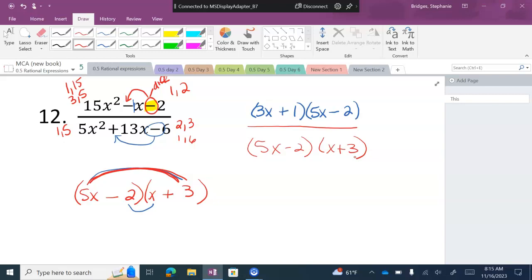Different signs, bigger number. Then we bring that 5 back in. This one cannot reduce. 2 and 5 don't have anything in common. But 15 and 5 do, and that reduces all the way. What is 15 divided by 5? Just 3. And then I bring that 5 to the front. And I end up getting exactly the same factors as I got with my guessing and checking.